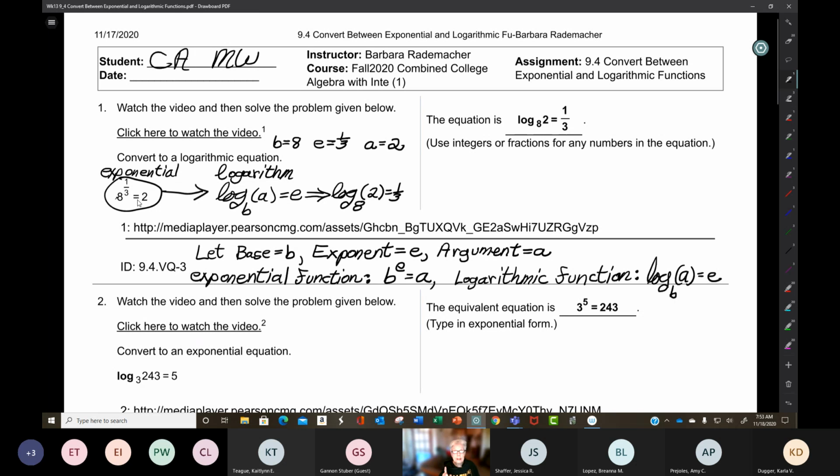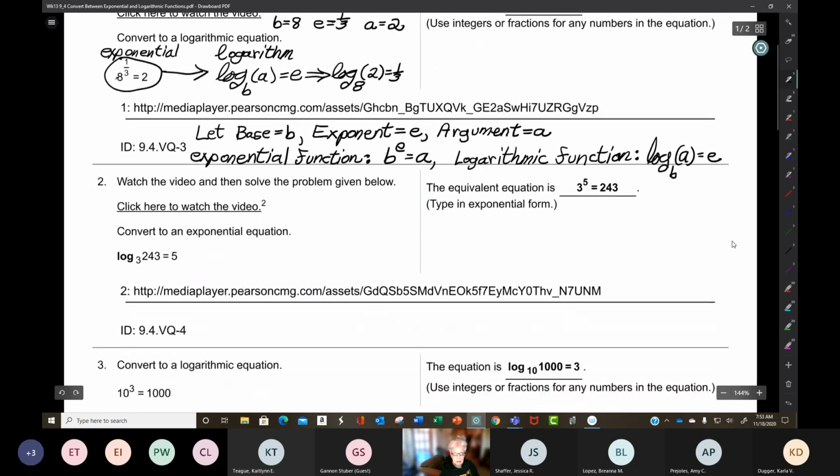So the best way to do this is to create labels from the very beginning. Let the base equal b, the exponent equal e, which probably is not a good idea considering you're going to have the letter e also. And the argument be a, but hey, I'm stuck with it.